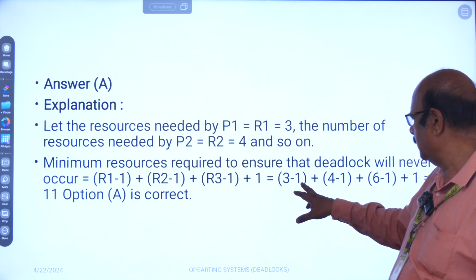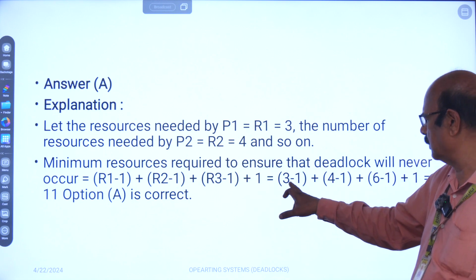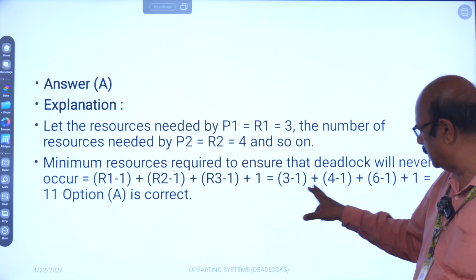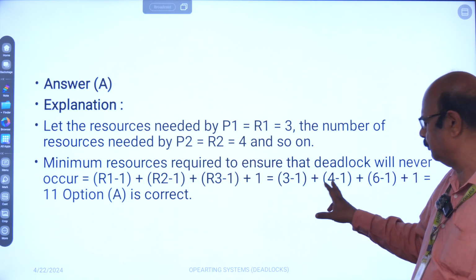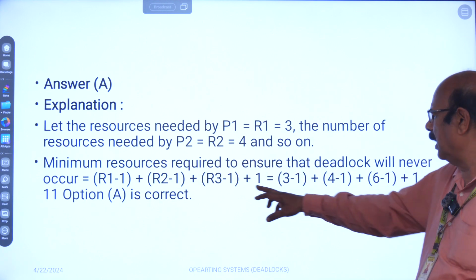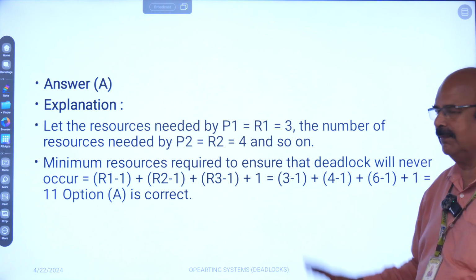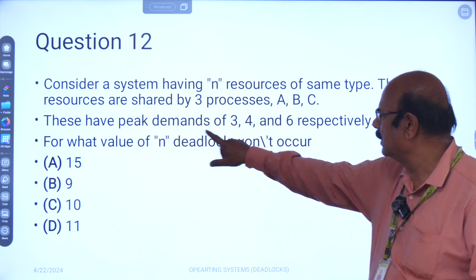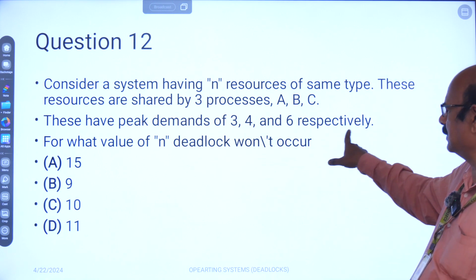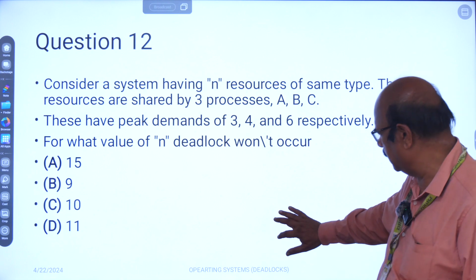R1 is 3, so 3 minus 1. R2 is 4, so 4 minus 1. R3 is 6, so 6 minus 1, plus 1, totally 11. So option A is correct.